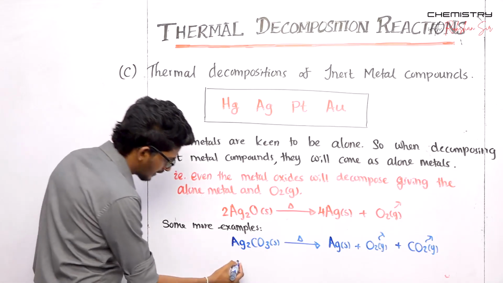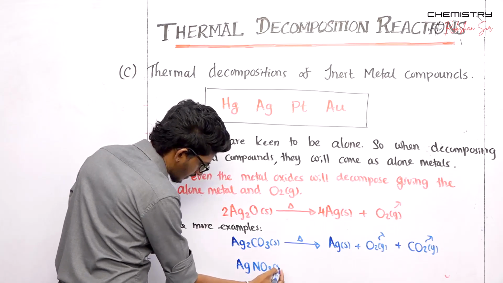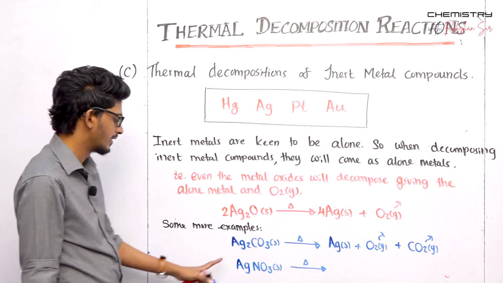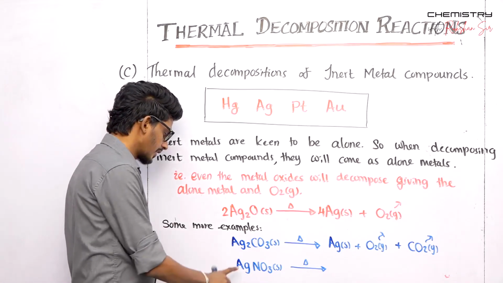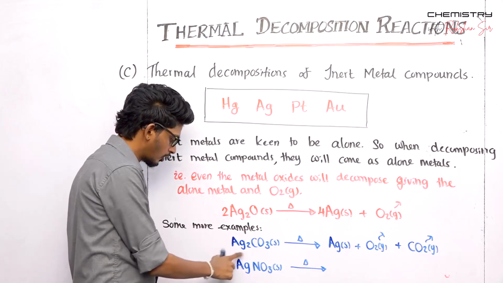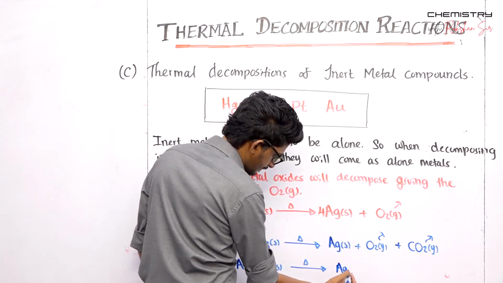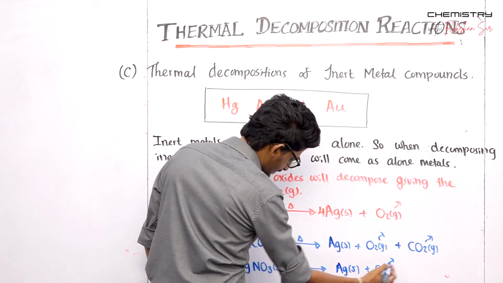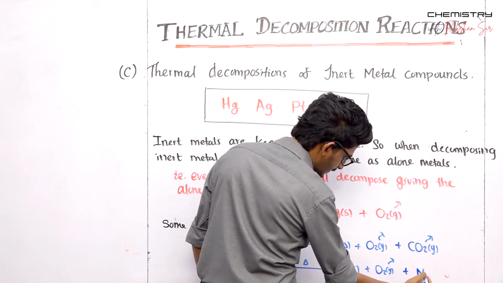If you think of silver nitrate, what are going to be the products? As this one is an inert metal, it is not going to give you the metal oxide, but the metal and O2. And the nitrogen is also there, so NO2 will also be produced.